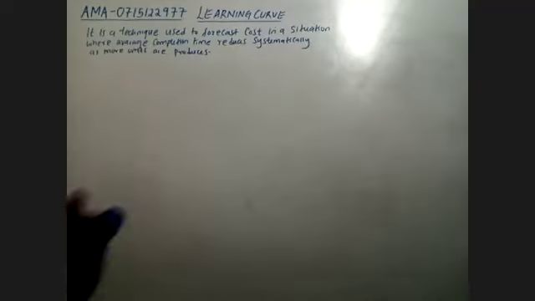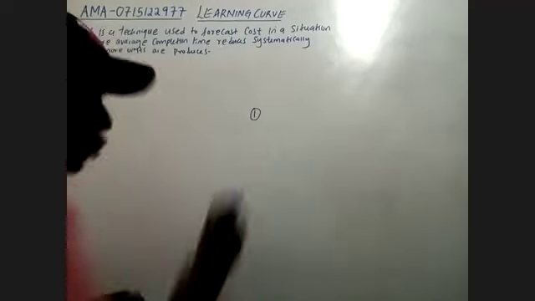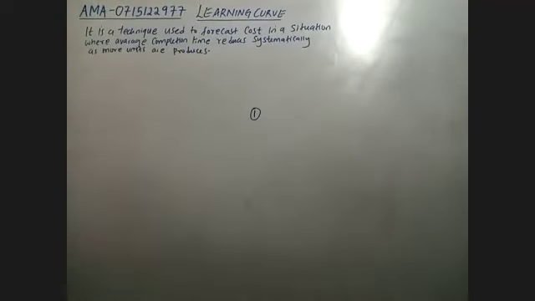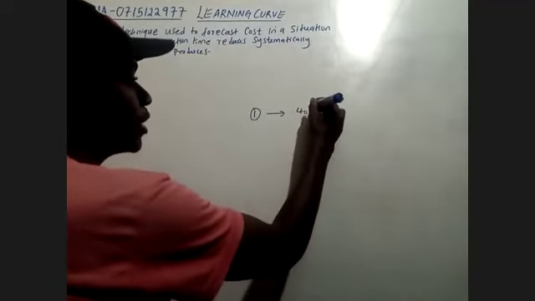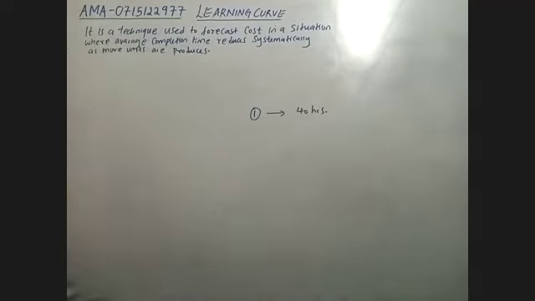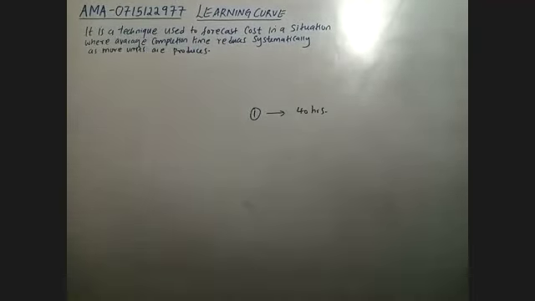For you to make one table, assuming you are starting work today, you might make that table in maybe 40 hours.